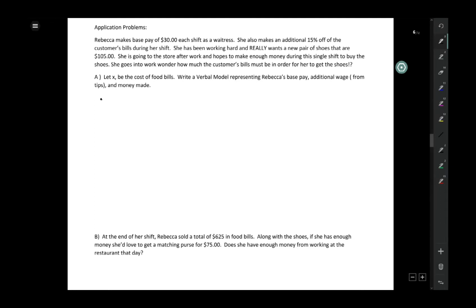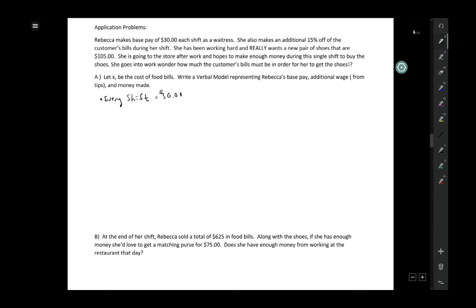Every time, every shift, she gets $30. Walks in the door, she's like, hey, I'm here, give me my $30. She also makes an additional 15% off of the customer's bills.